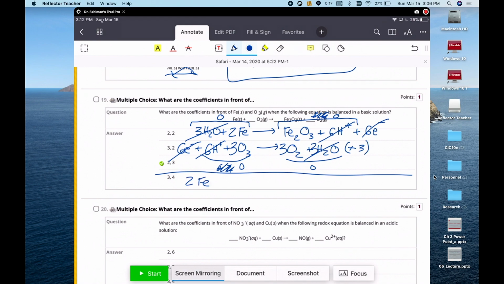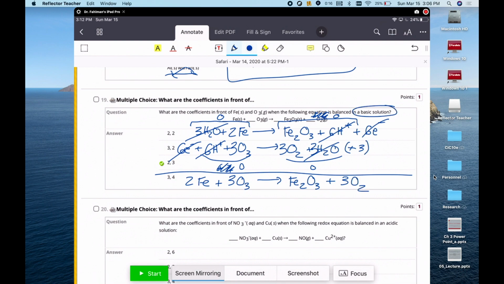So we've got 2 irons plus 3 ozones goes to Fe2O3 plus 3 O2.